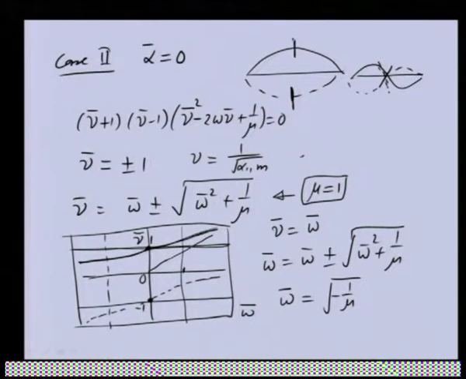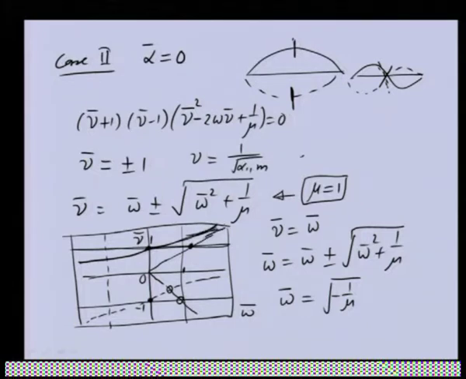This will intersect here, corresponding to this critical speed, and similarly if we draw on this side, we will have intercepts here. The solution I am talking about is the intersection of this curve and this line.